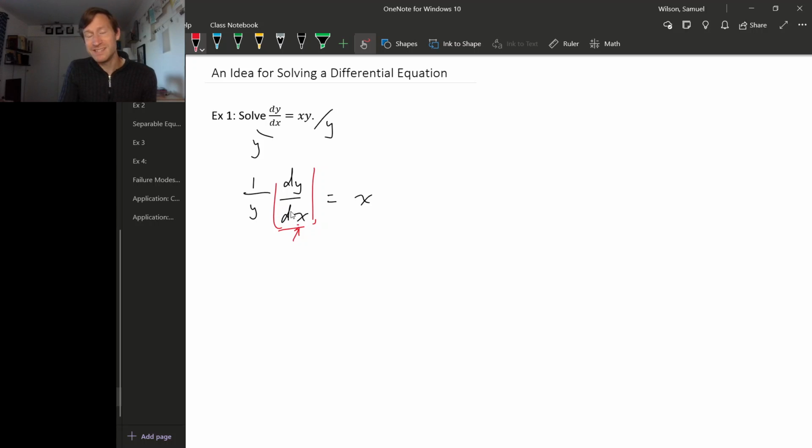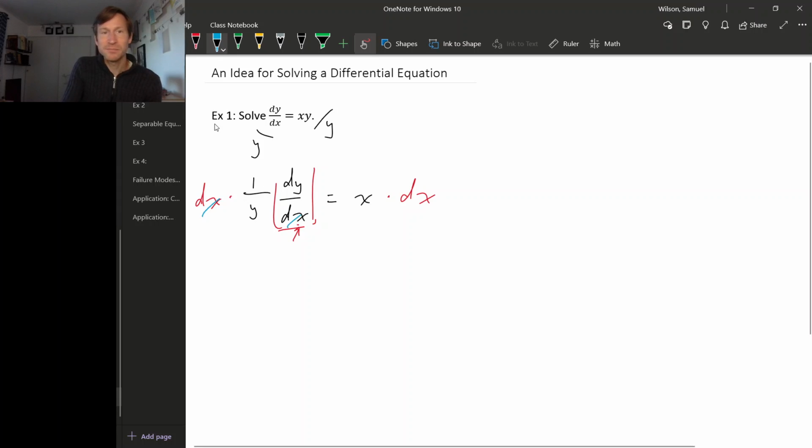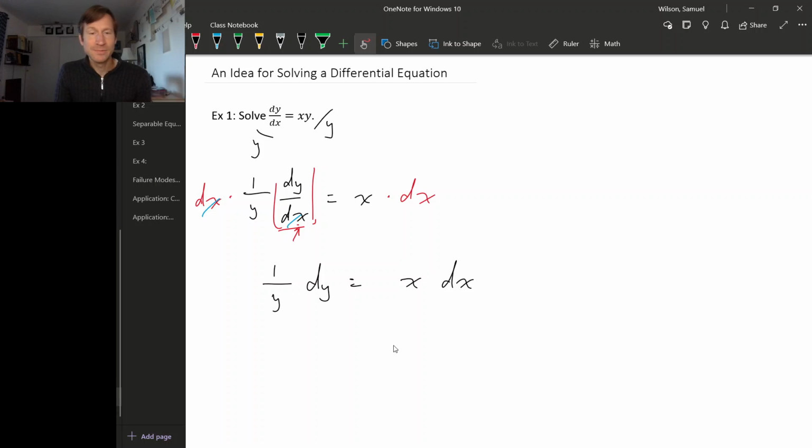So we can treat this dx as an entity independent from the derivative, and we could multiply both sides of this equation by dx. So on the left-hand side, the dx simplifies, so we get 1 over y dy equals x dx.